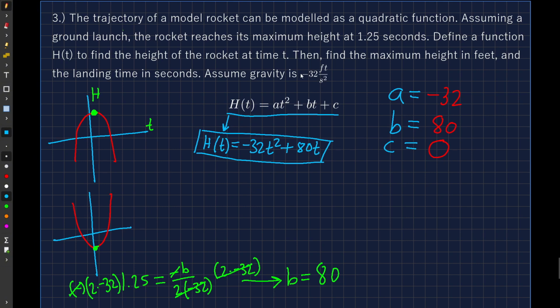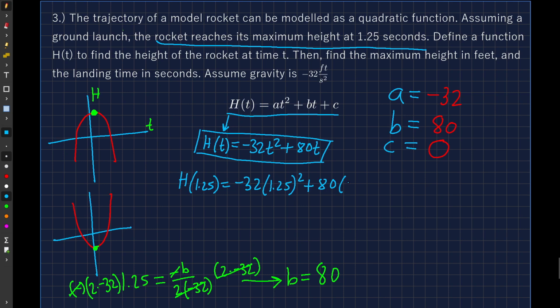Now, we're asked to find the maximum height in feet and the landing time in seconds. So let's start by finding the maximum height. Once again, we know that the rocket reaches its maximum height at 1.25 seconds. So if we plug in 1.25 seconds for t, we can find the resulting height.